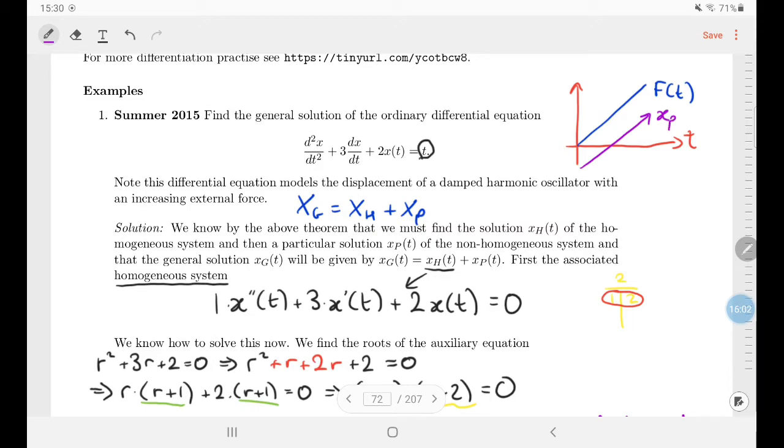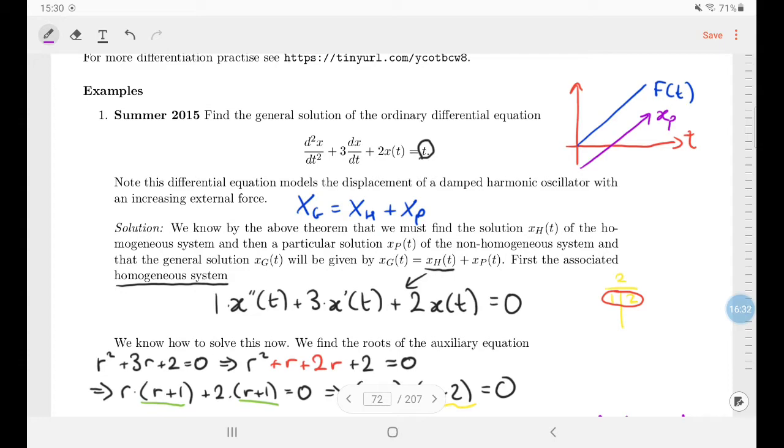So imagine the force is increasing every second by a millinewton or whatever. So it's going 1, 2, 3. Imagine you're pulling the spring stronger and stronger and stronger. Now imagine after a while, couldn't it be the case that if you kept pulling the spring with increasing force, the spring itself would just come with you?